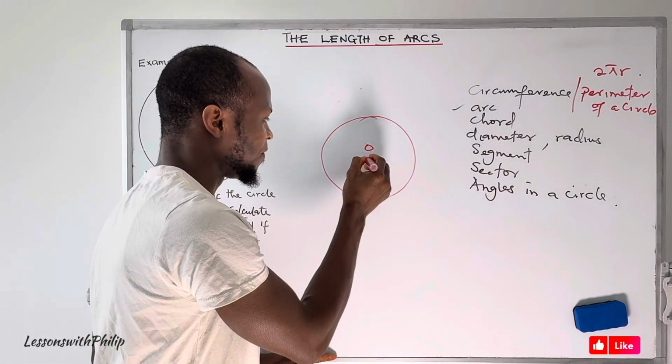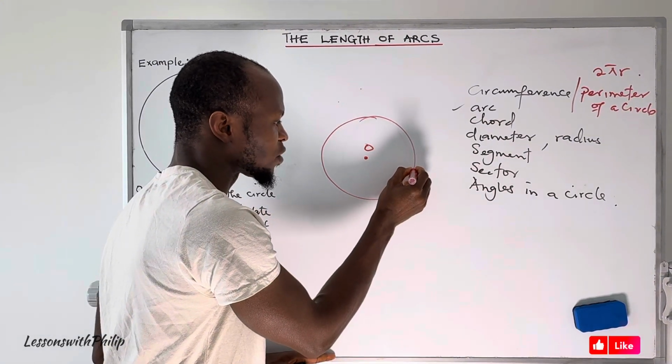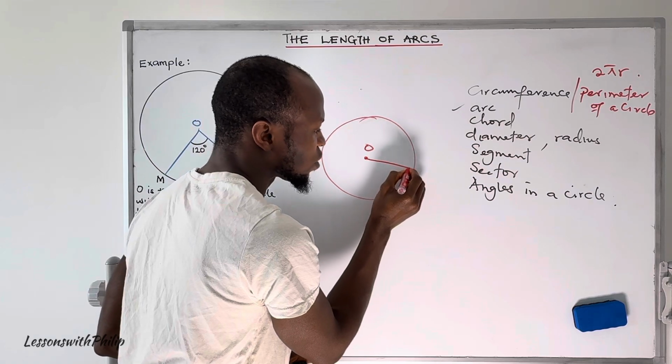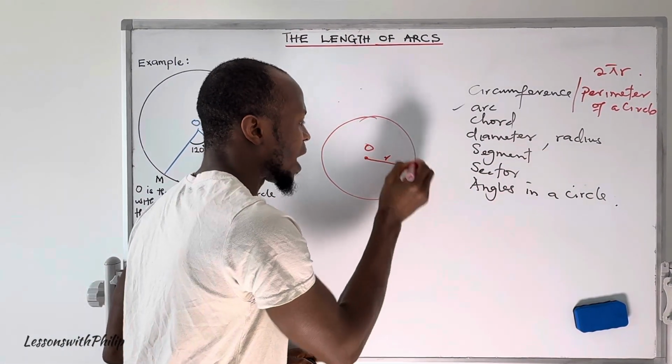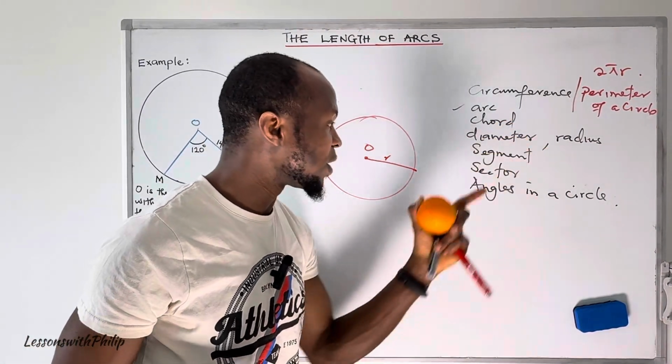If a line comes from the center of the circle and touches one point on the circumference, that line is known as a radius. That's how to know our radius.